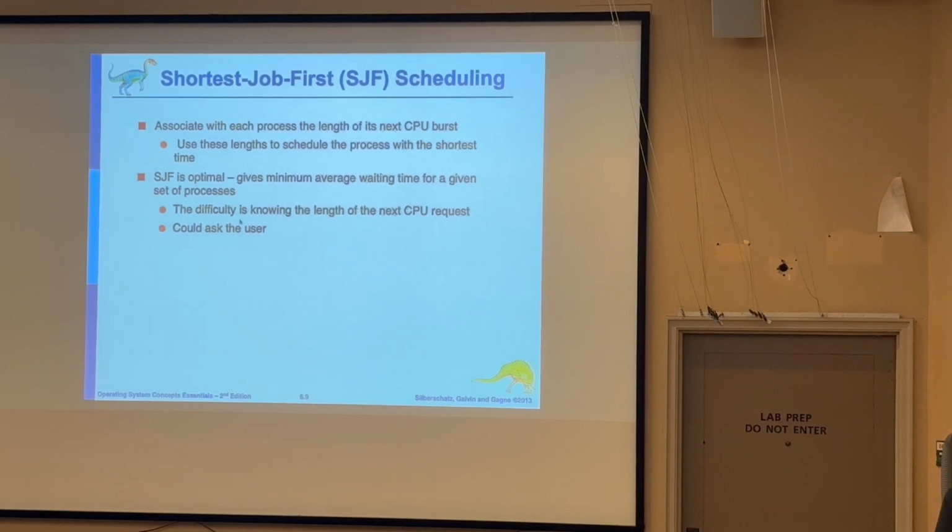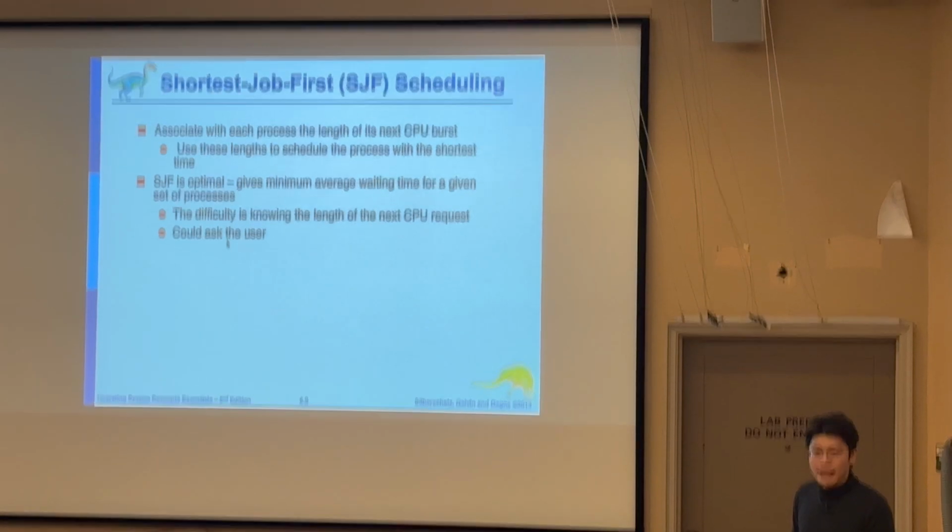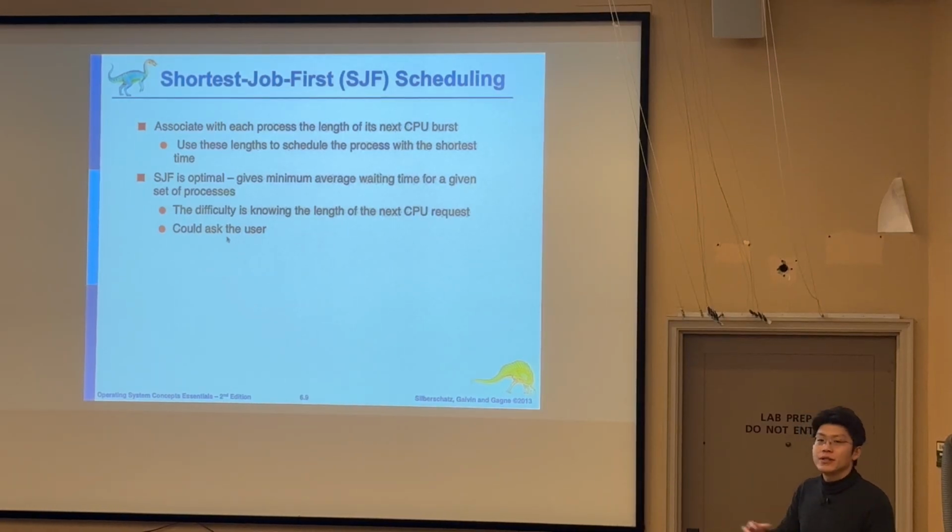So the difficulty is to predict the length of the next CPU burst. But for each process, you can use its recent history to predict its future. People do that, and usually that yields pretty good results. So people do implement the shortest job first scheduling algorithm using certain types of prediction of the future.